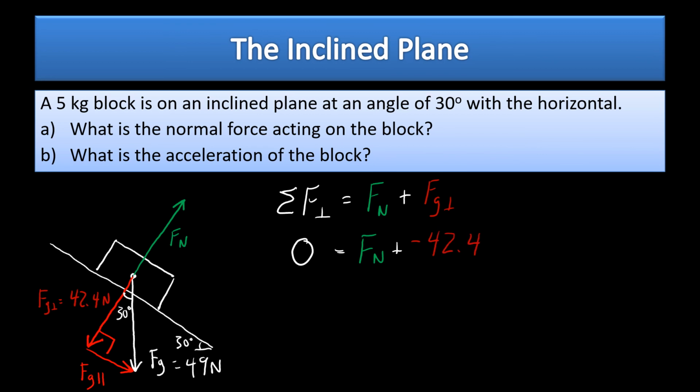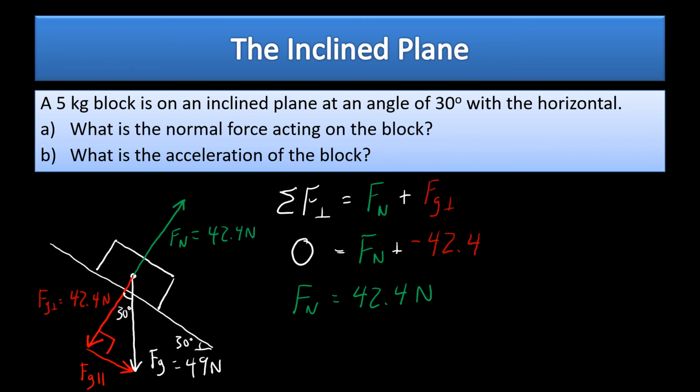To solve, you just add that to the other side, and you get a normal force of 42.4 newtons. They cancel each other out. They're on opposite sides. Okay, so that's nice.